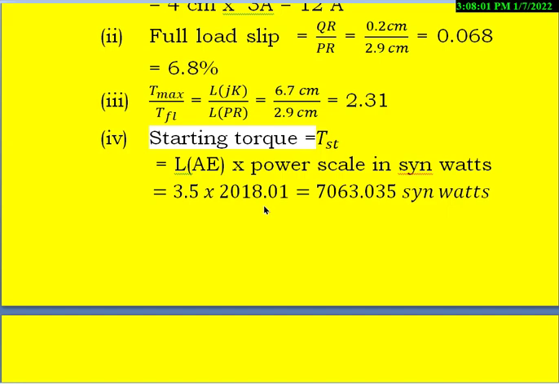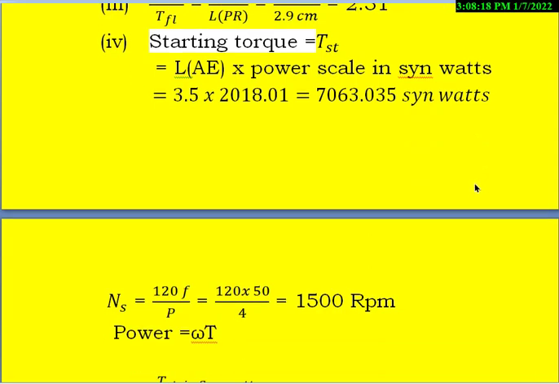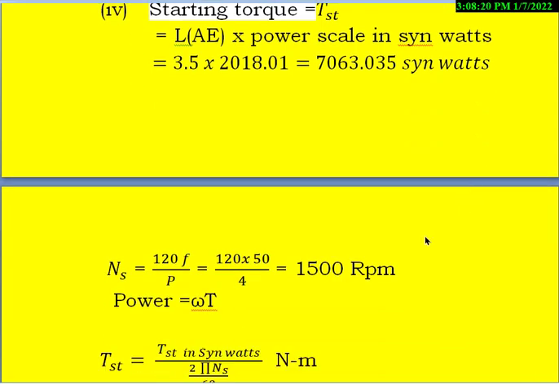The distance we know, that is 3.5 centimeters, into the power scale, which is also known, that is 2018.01 synchronous watts per centimeter. Once we multiply, we get 7063.035 synchronous watts.